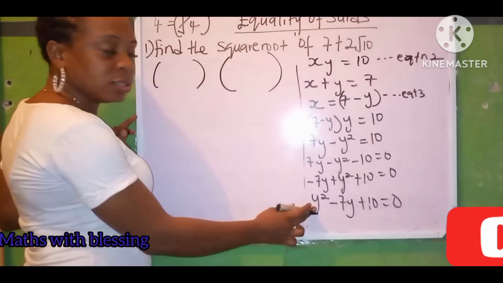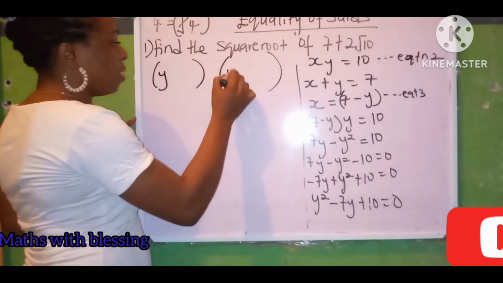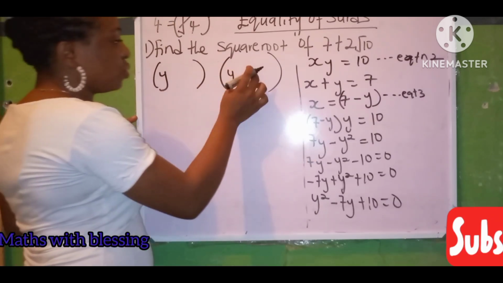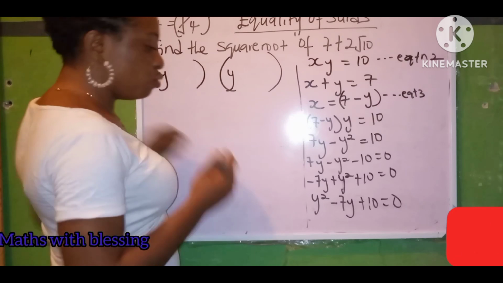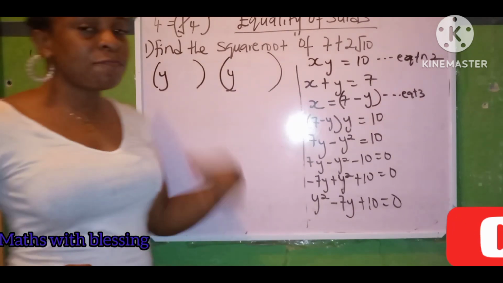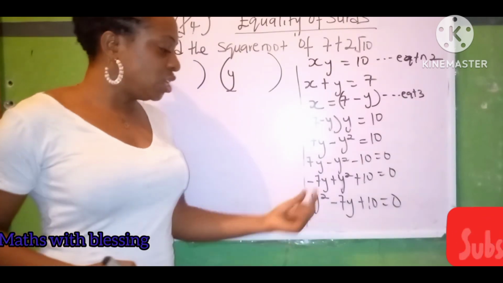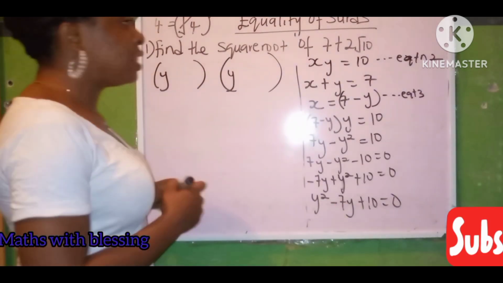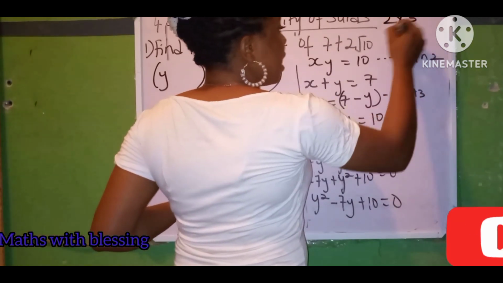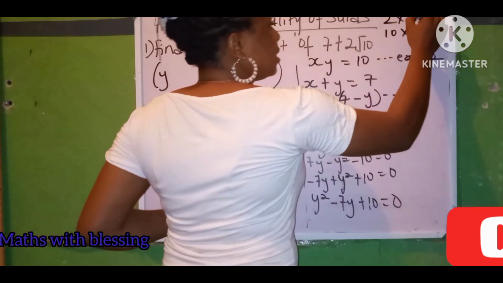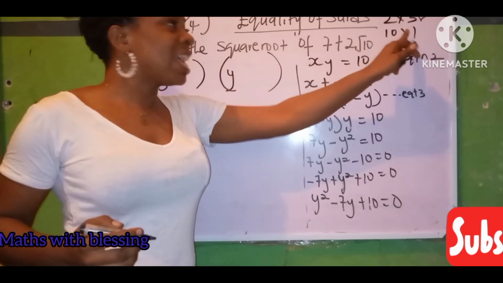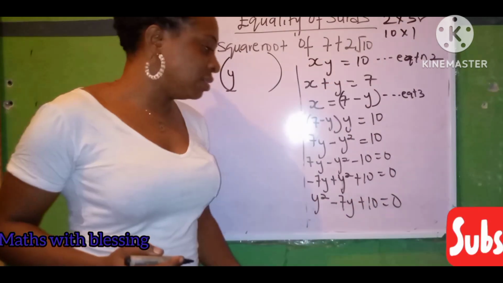Y is squared, so you put y here, y times y is y squared. The factors you put in should multiply to give +10 and when added give -7. Let's write out the possible factors: 2 times 5 and 10 times 1.